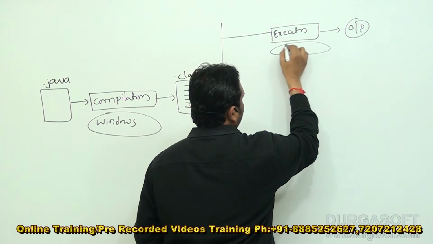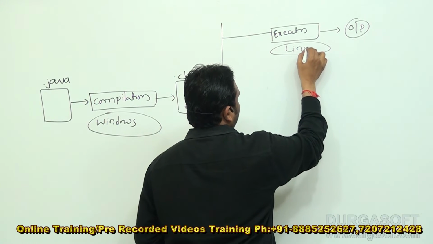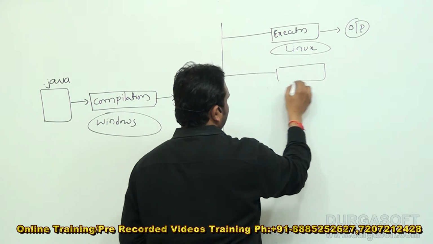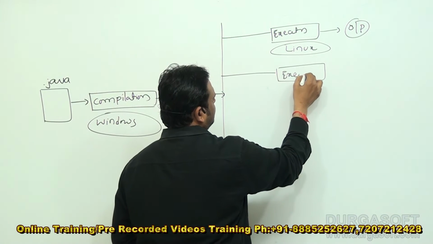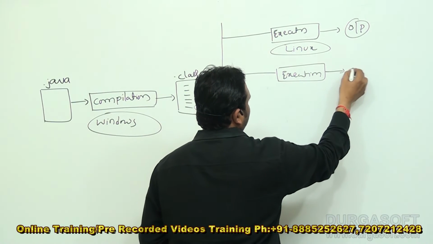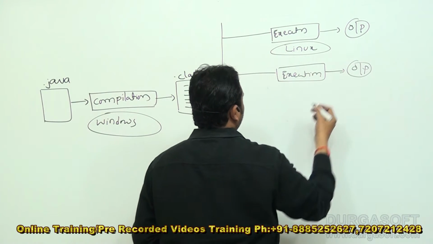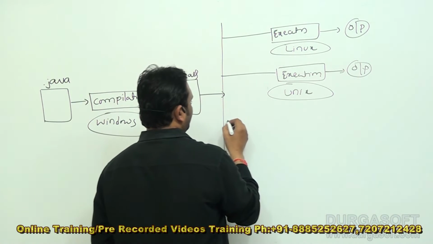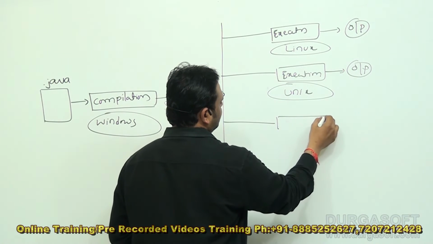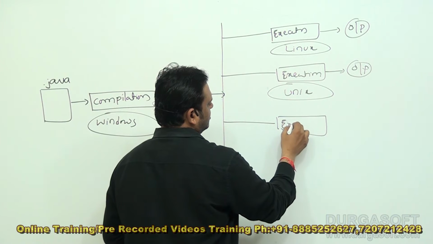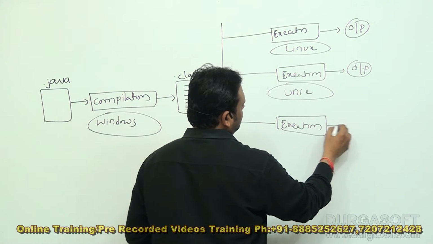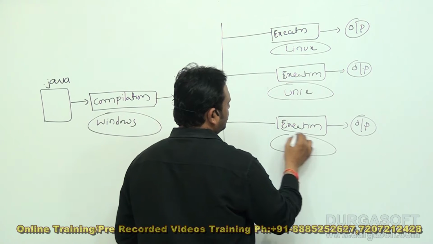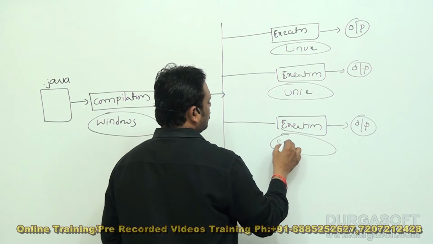For this execution process, I want to use Linux operating system. And I'll go for another execution process here. In this execution process also we get some output. Now here I want to use Unix operating system. In the same way, another execution process here. So here also we get some output. Here I'm going to use Solaris operating system.